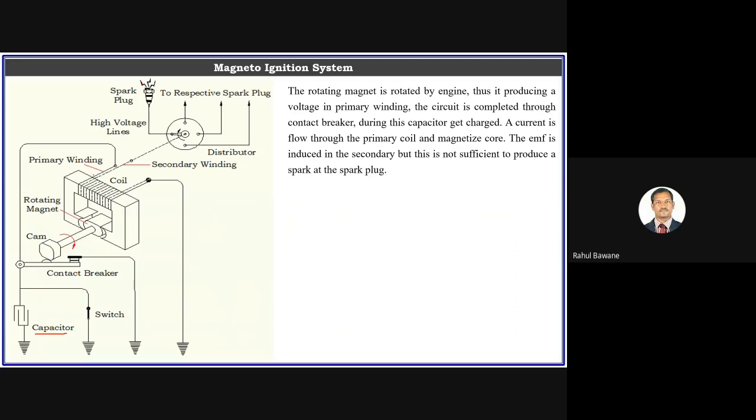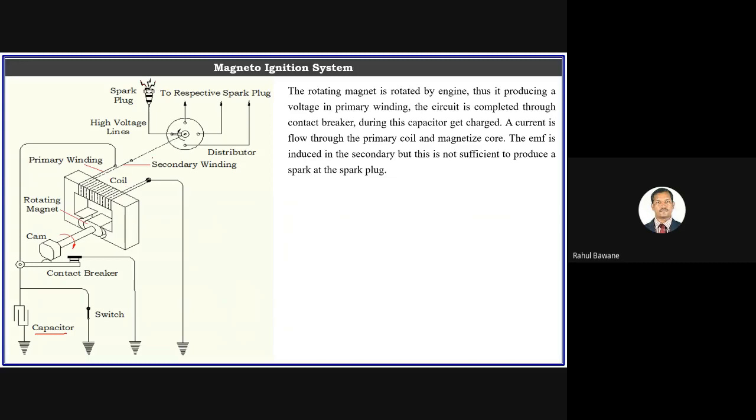So the primary winding has a current, and once your circuit breaks, the primary current breaks. So whatever magnetic field was generated starts collapsing. At that time, your capacitor throws back the energy into the primary circuit, and due to that, the collapse rate is increased tremendously, and that causes an increase in EMF to a very high rate, and that EMF is enough to produce a spark.